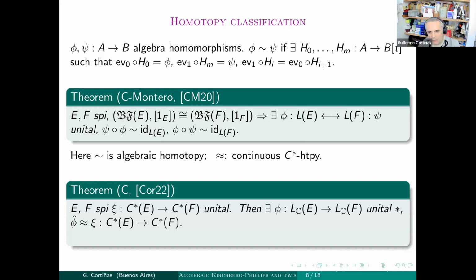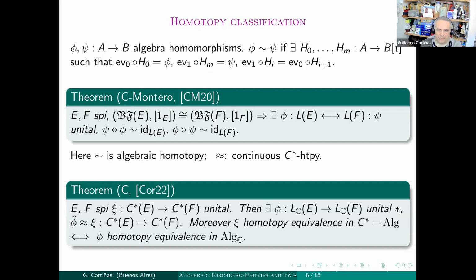So the problem is to have it land in LC of F. And you can get that up to homotopy. Moreover, the Xi you started with is a homotopy equivalence as a mapping between C-star algebras if and only if the phi is a homotopy equivalence in the algebraic sense described above.